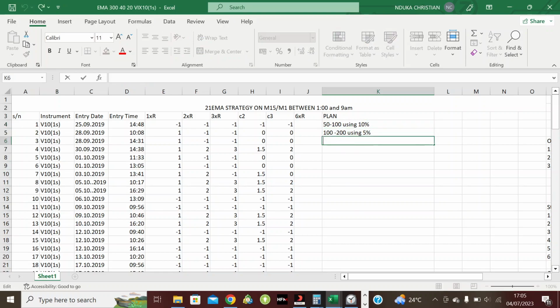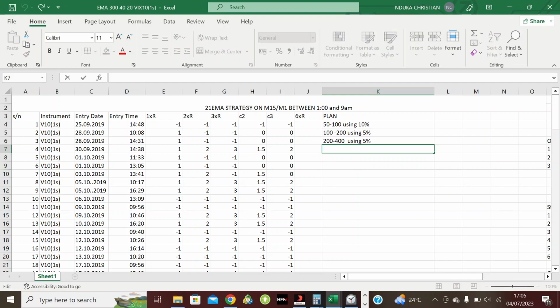Between 200 and 400, I'm going to be using the same 5%. From here on, 200 to 400, and then from 400 to 800, I'm still going to be using that same 5% risk, like I said.